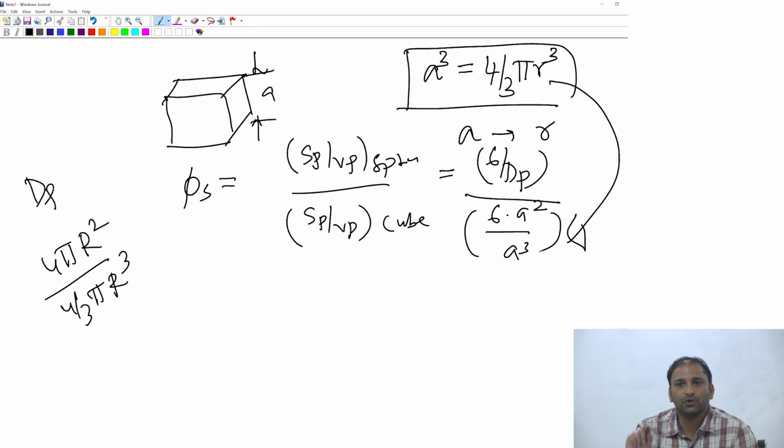Can you do that? Can you guys do that quickly? I would like you to substitute for a in terms of r and then tell me what is the value of phi s.